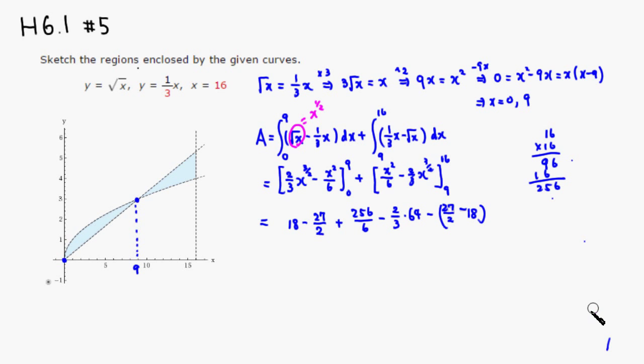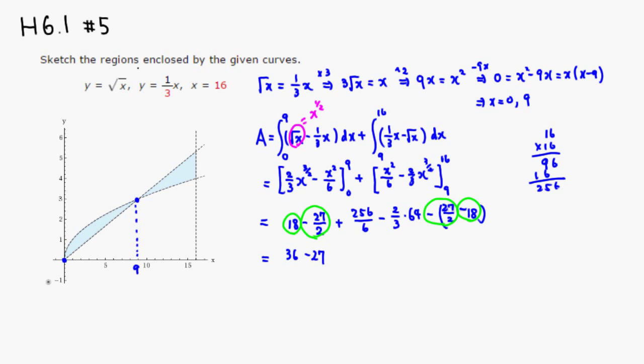Then we just have to simplify this expression. We have 18 here and 18, so combined you have 36, and then negative 27 over 2 and another negative 27 over 2, so that would be negative 27.